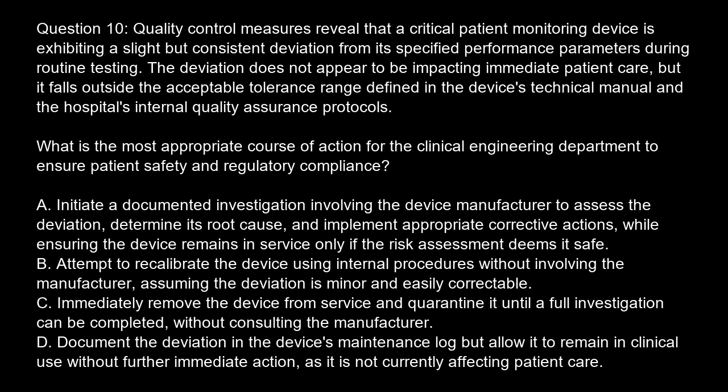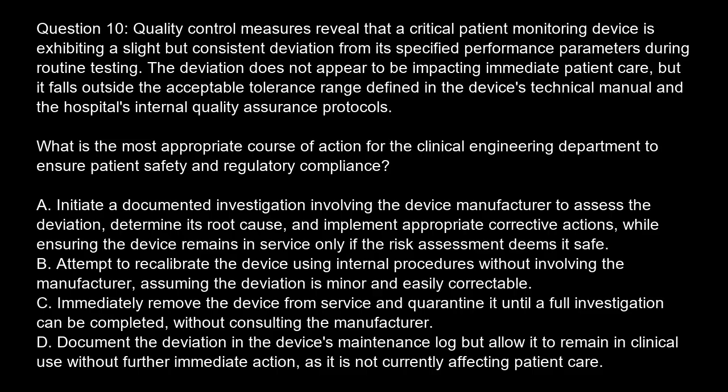Option A. Initiate a documented investigation involving the device manufacturer to assess the deviation, determine its root cause, and implement appropriate corrective actions, while ensuring the device remains in service only if the risk assessment deems it safe. Option B. Attempt to recalibrate the device using internal procedures without involving the manufacturer, assuming the deviation is minor and easily correctable.